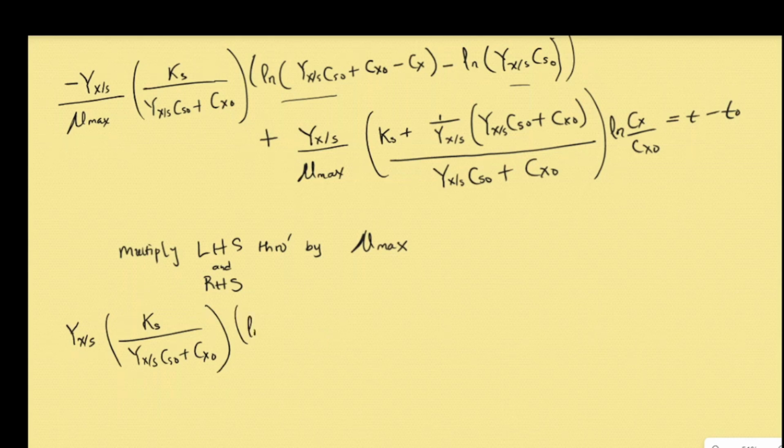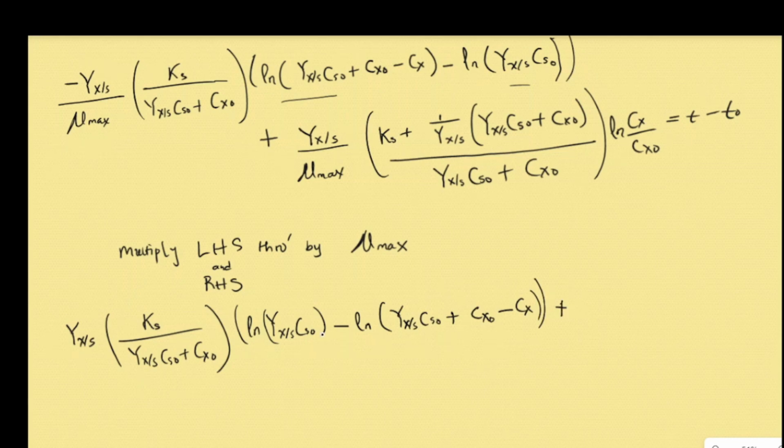It's going to make the expression ln Yx/s Cs naught, like this, minus ln Yx/s Cs naught plus Cx naught minus Cx, like this.